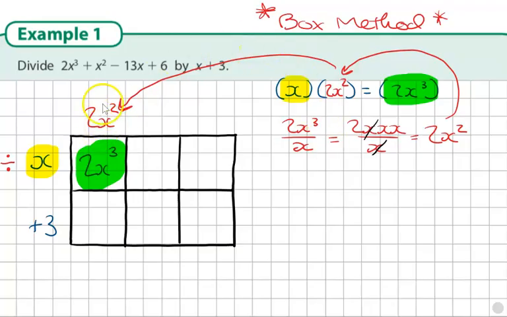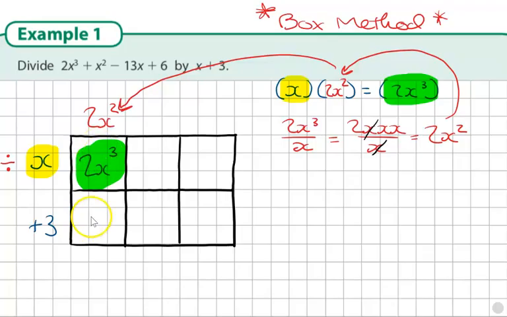Therefore, 2x squared goes on top of our box. So that's the first part of our answer, the first part of our quotient. Next, we're going to move down. So typically with these questions, we go down and then we go diagonally across, down and diagonally across and down. And we will finish with this last box.